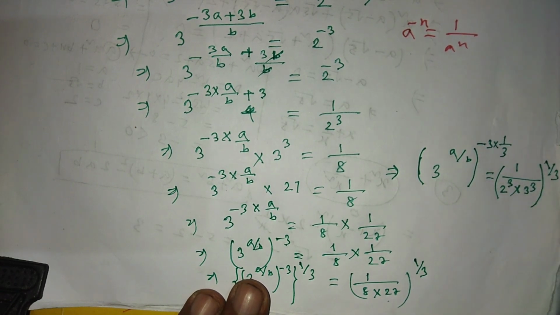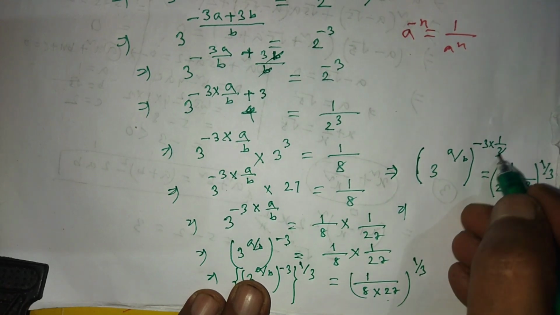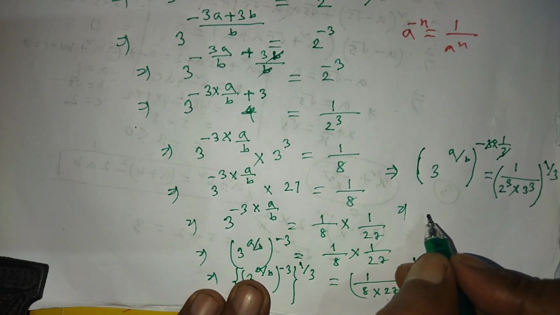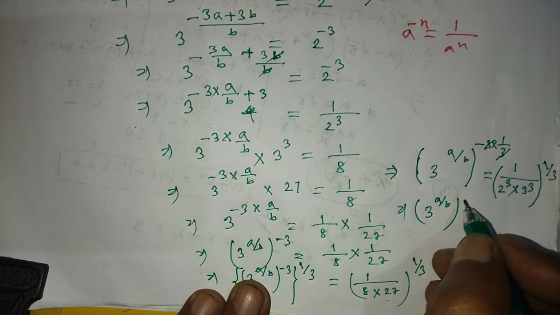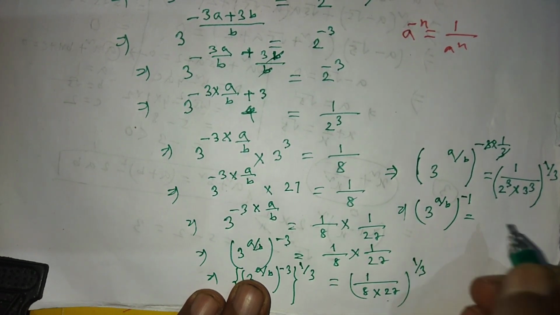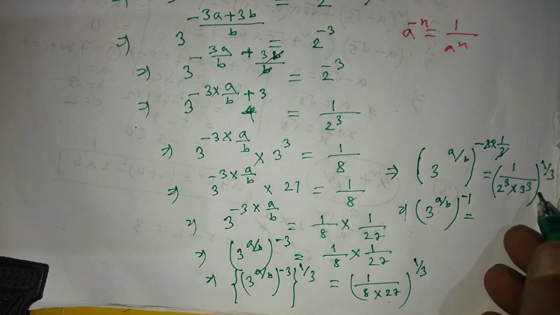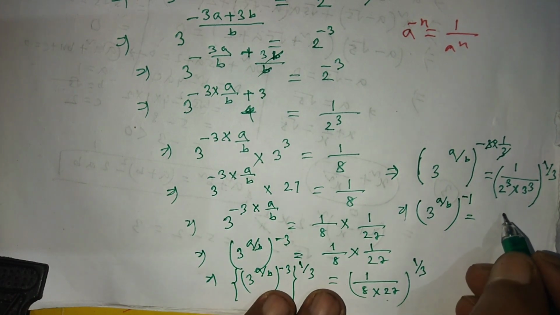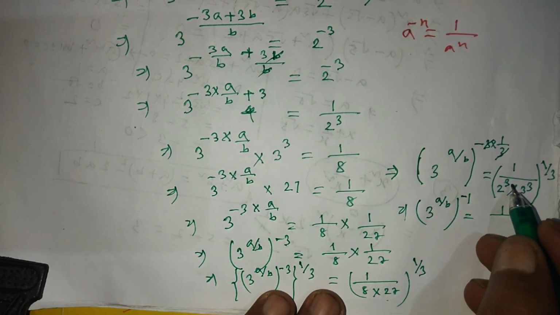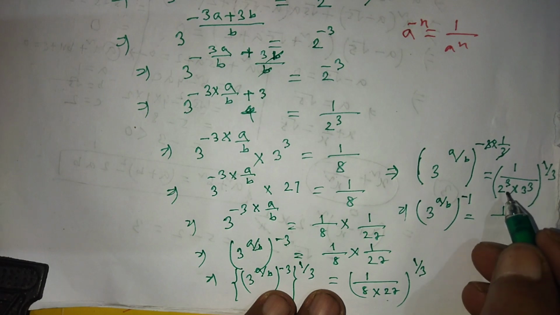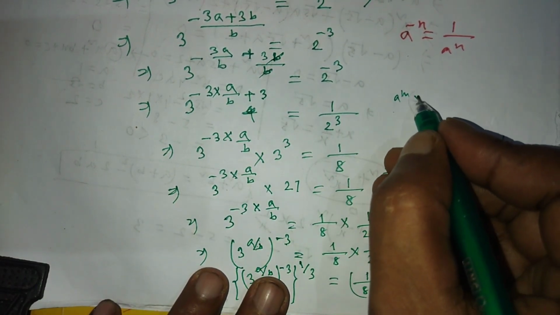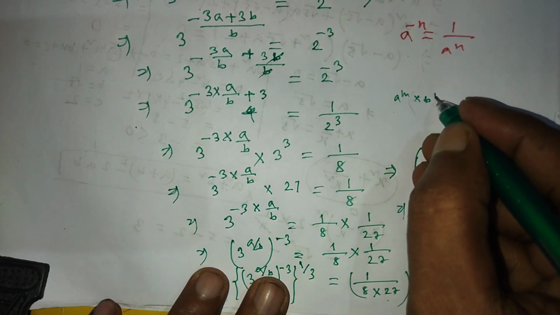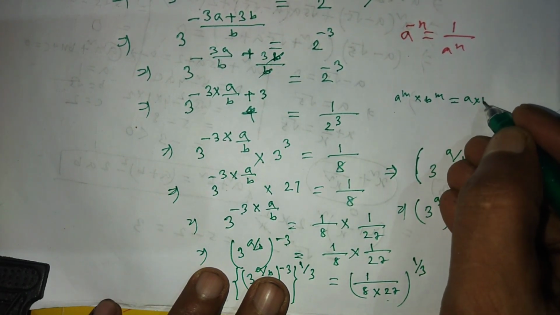Okay student, so 3 cancels, that means we have to write 3 to the power a over b whole to the power minus 1 is equal to, on the right hand side, 1 by 2 to the power 3 into 3 to the power 3. Here we apply the formula a to the power m into b to the power m, that means a into b whole to the power m.